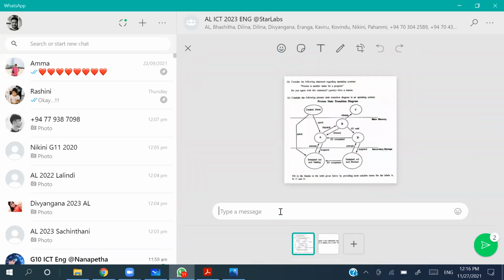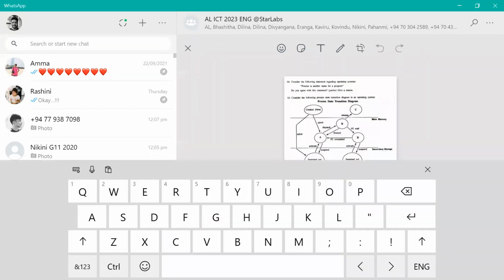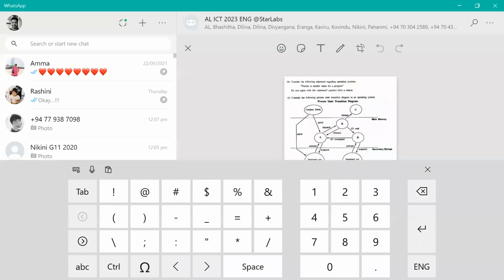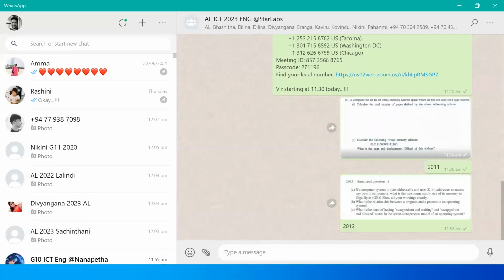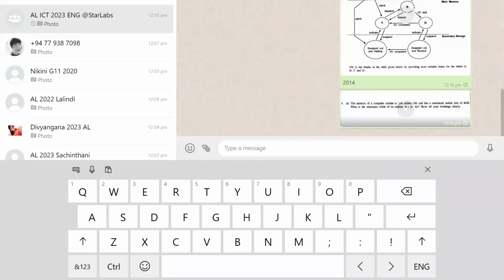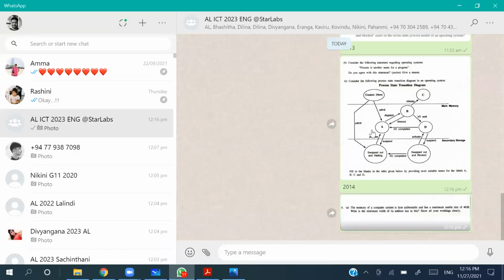So this is 2014. The A part is the smaller picture. B and C parts are the bigger pictures.